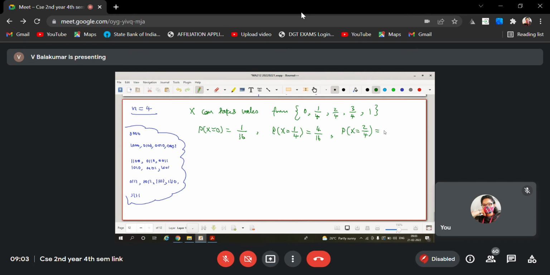Out of 16, 6 favorable cases. If you look for probability for x equal to 3 by 4, it is again 4 possible cases out of 16. And these probabilities we shall compute, then we shall be drawing in the picture as usual.